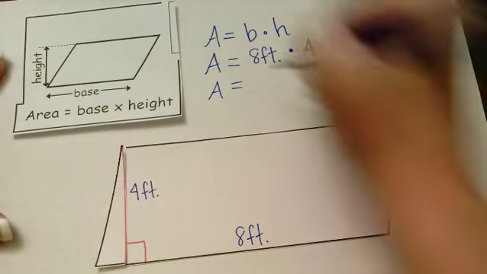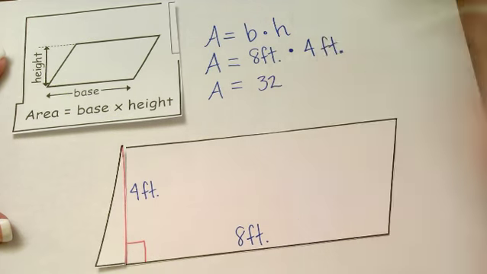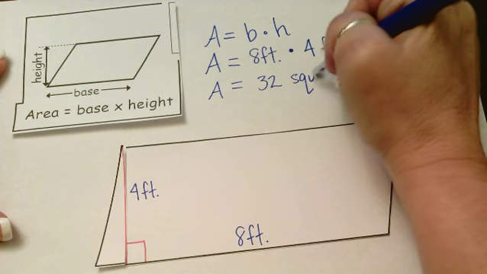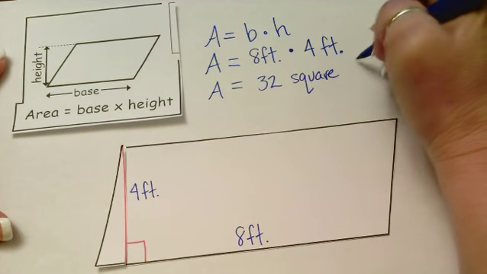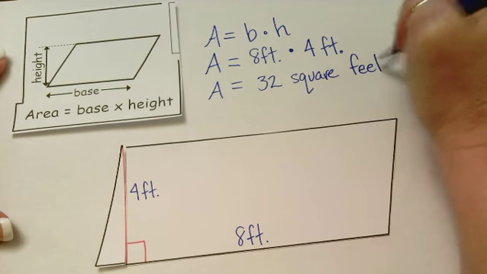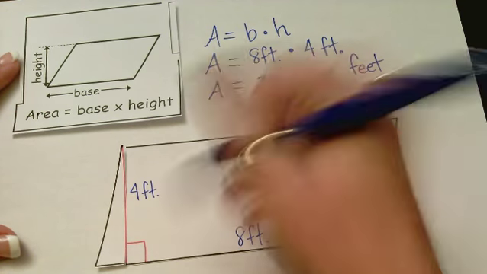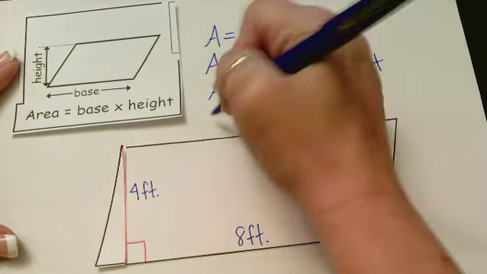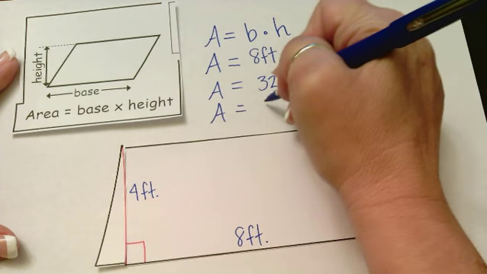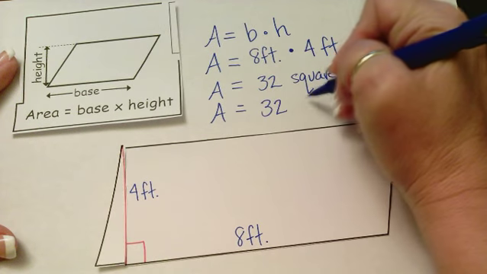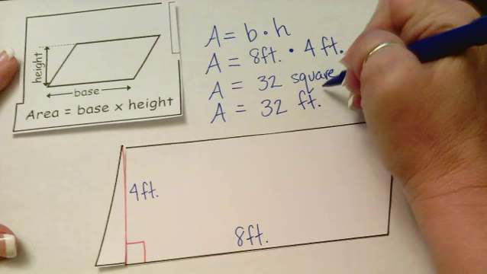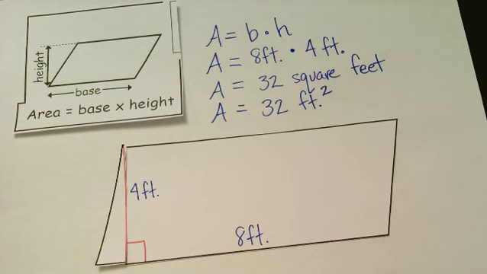So 8 times 4 is 32, and these are square units that happen to be 1 foot all the way around. So 32 square feet could fit inside this parallelogram. Another way to write that same answer is 32 feet squared.